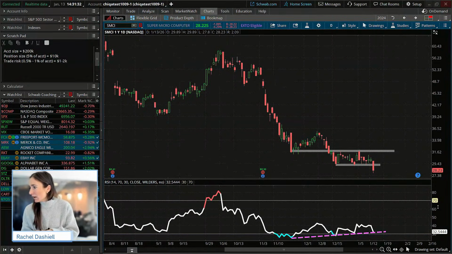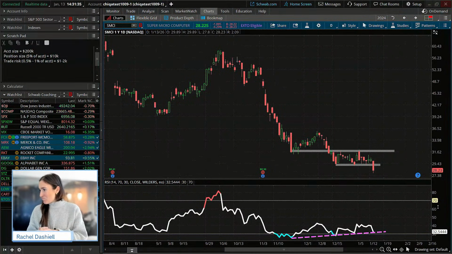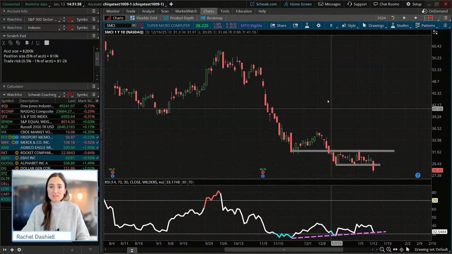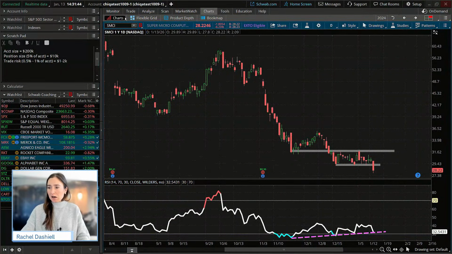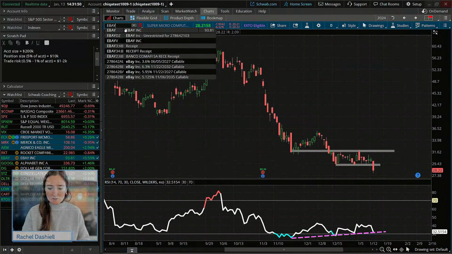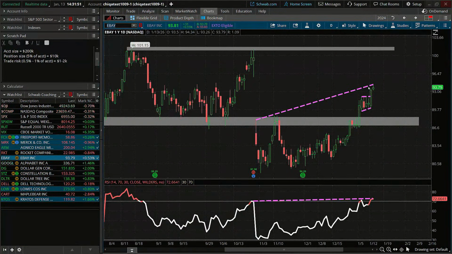Okay, let's take a look here. I have a few different examples where we are seeing confirmation, where we can place a couple of example trades. We're going to look at eBay.